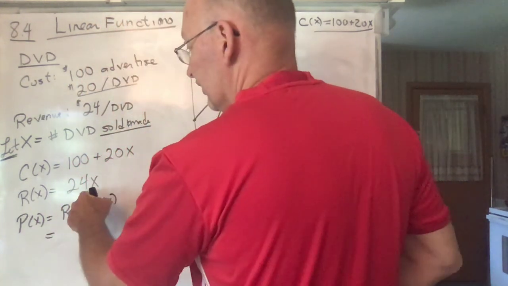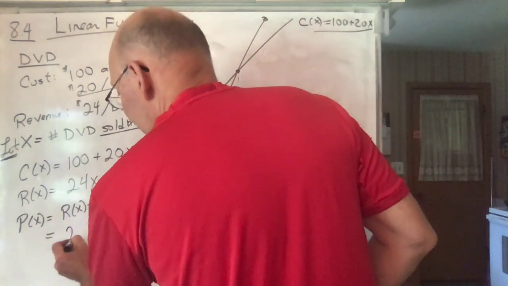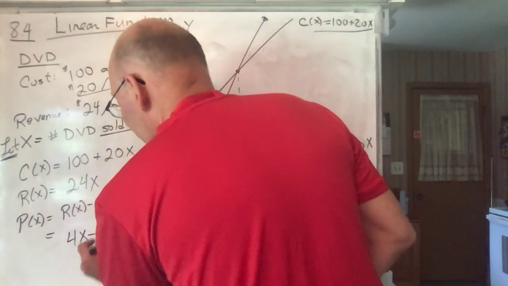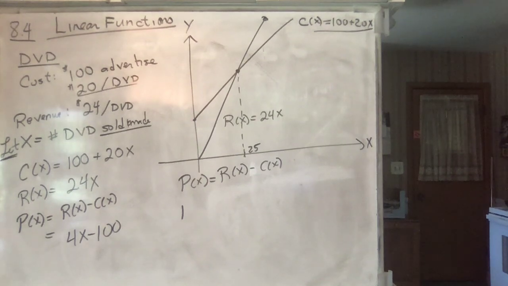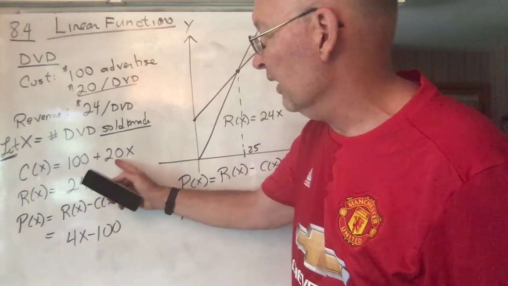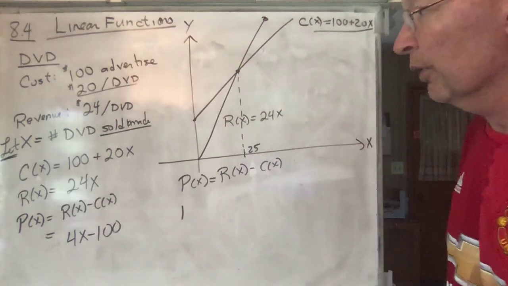And so if you take this and subtract this, you're going to get 24 minus 20, which is 4x minus 100. See that? If you take the revenue minus the cost, you're going to get 24x minus 20x is 4x, and then 0 minus 100 is negative 100.